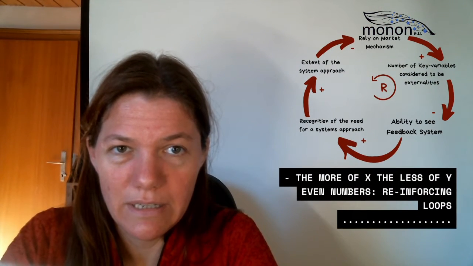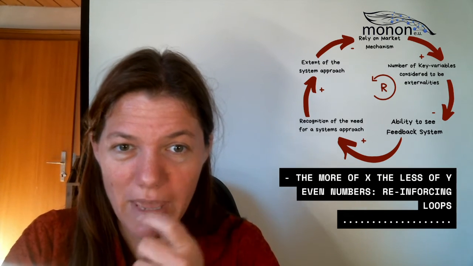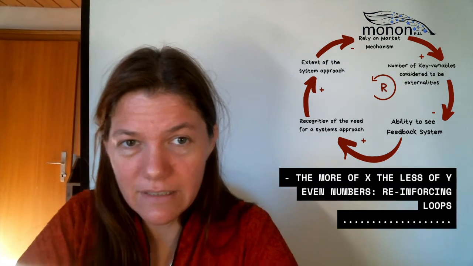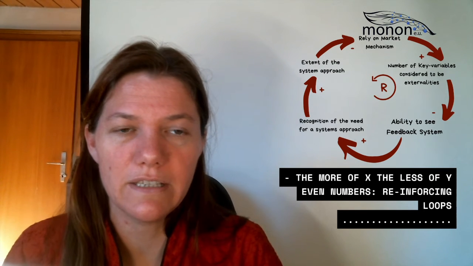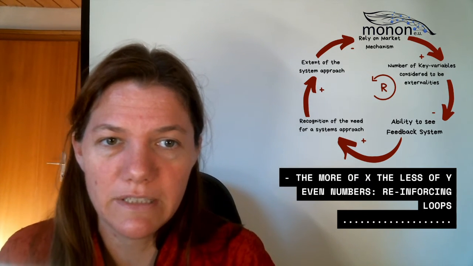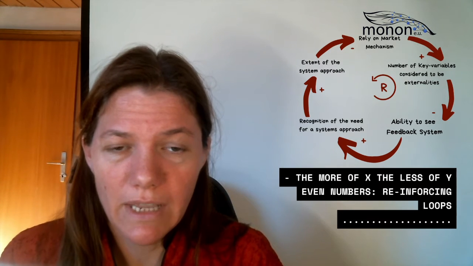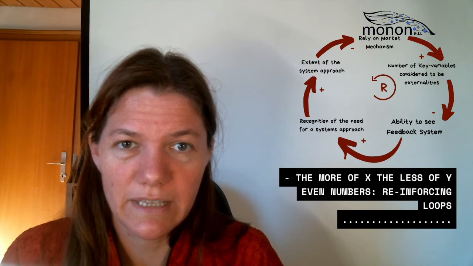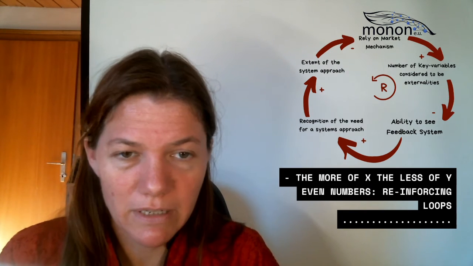Another example of a reinforcing loop, which this time has two negative links in it. We can see that the number of key variables considered to be externalities is negatively linked to the ability to see the feedback in the system. And there is a second one, which is saying the extent of the system approach is negatively linked to reliance on the market mechanism.